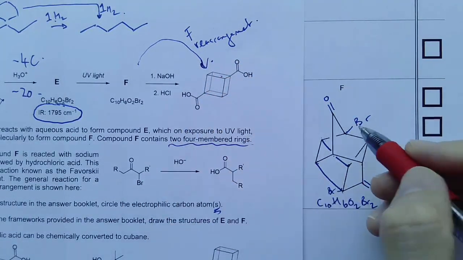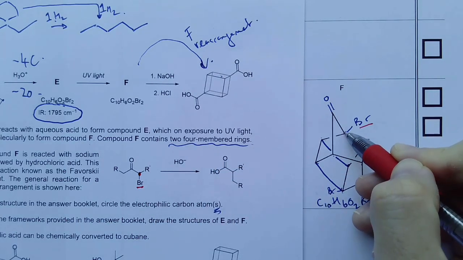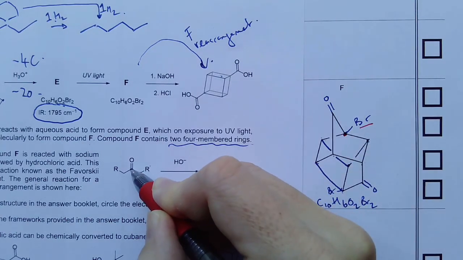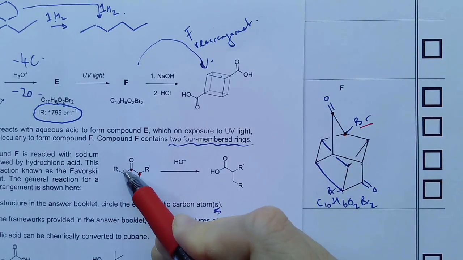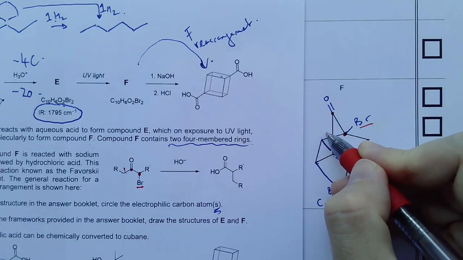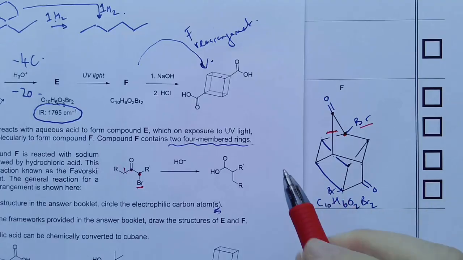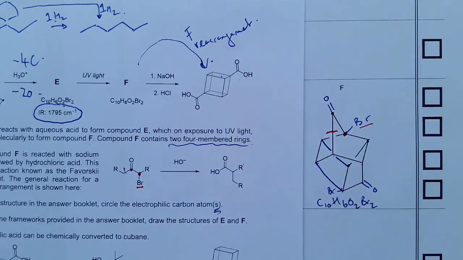Now, I've got my bromine, and the carbon that's bonded to it is that carbon, and the carbonyl carbon is that carbon. Then what's going to happen is this bond here is going to be replaced with the OH. So this bond is going to break, and that's going to become my OH group of the acid.